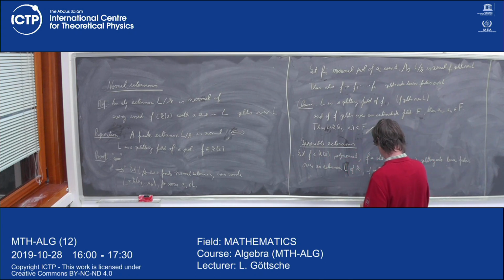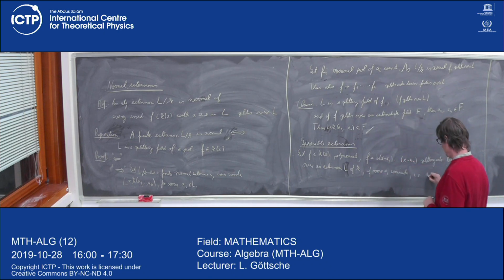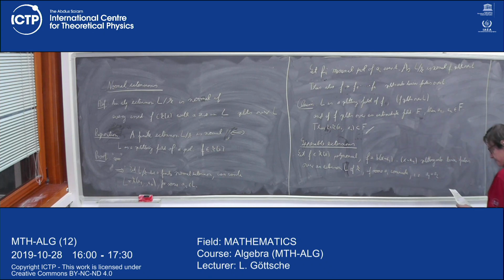So if some ai repeats, for instance a1 is equal to a2, that means this whole thing is divisible by (x minus a1) squared. And we say that a1 is a multiple root of f.